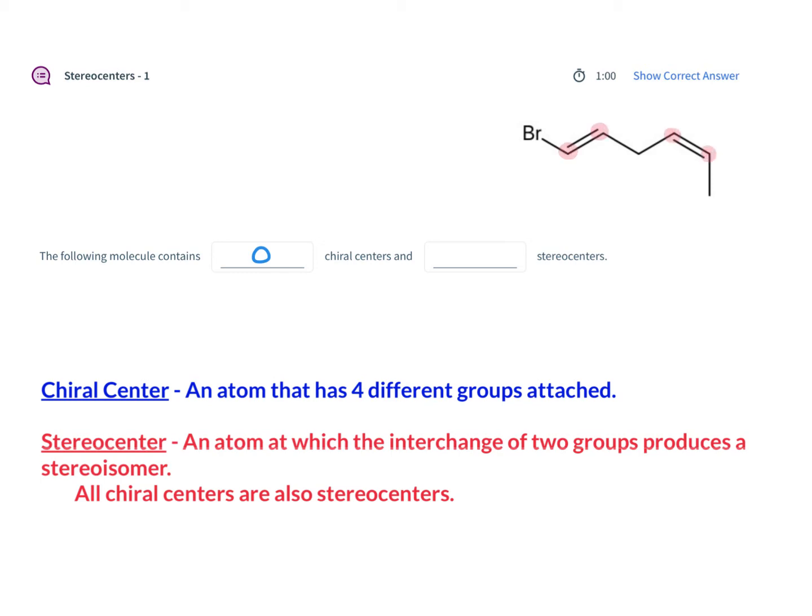And let's just look at one of these and see what happens if we interconvert 2 groups. So on this far left alkene carbon, I'm going to go ahead and draw in the hydrogen. Now, if we take the H and the Br and swap those 2 groups, let's do that.